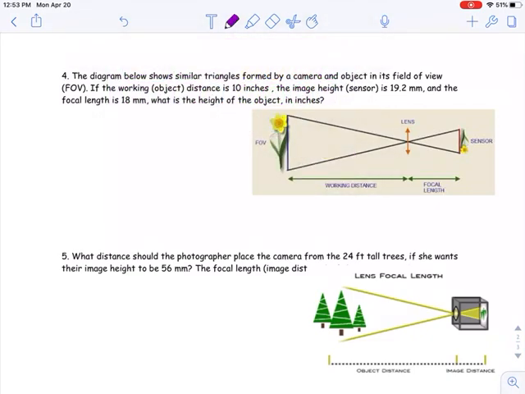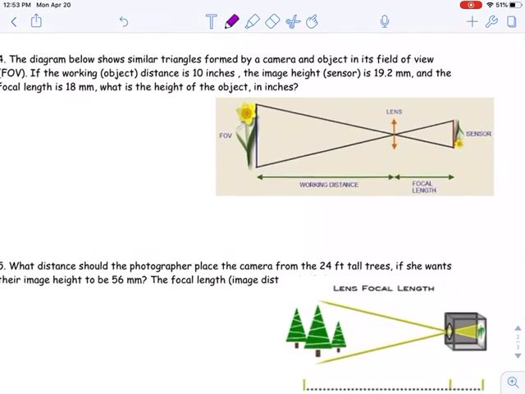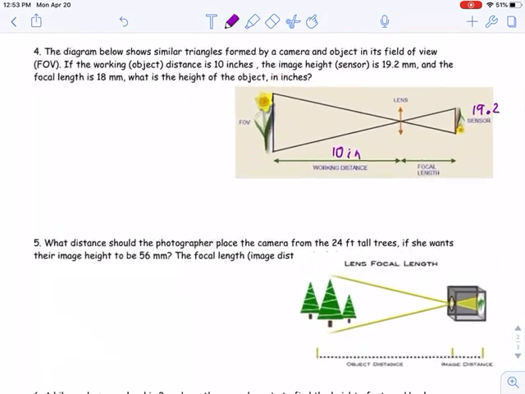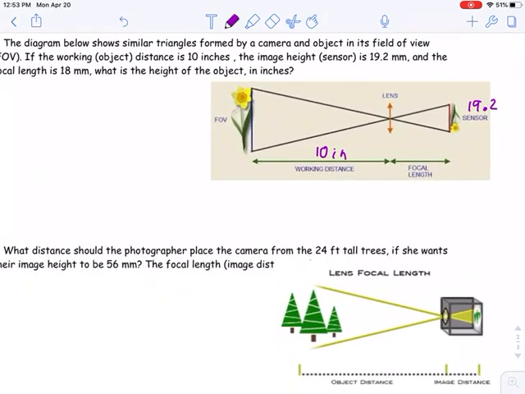Let's just do some things, all right? So it says the working object distance is 10 inches. All right, the height in the sensor is 19.2, so this is very technical. I didn't know all this stuff about cameras. All right, and that's 18.